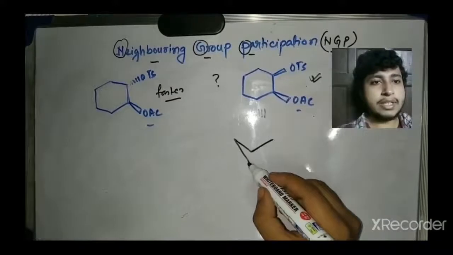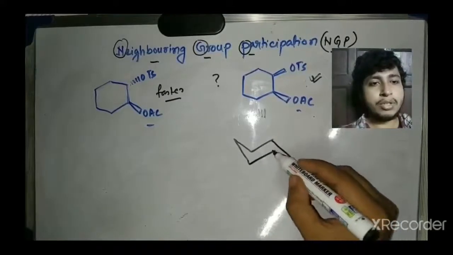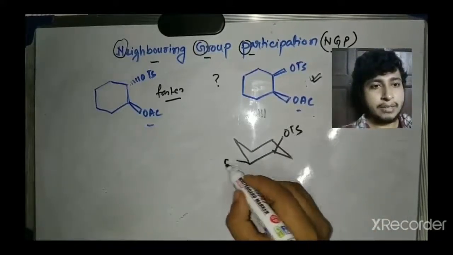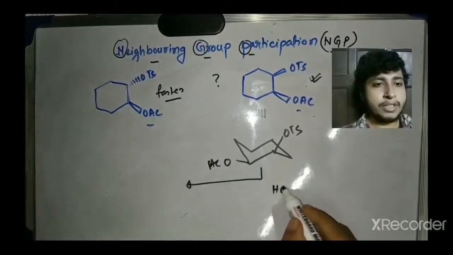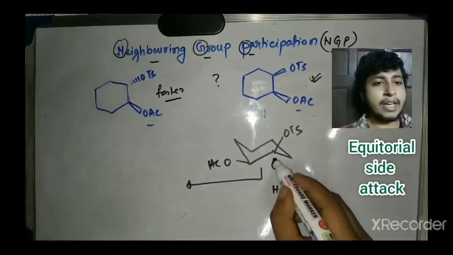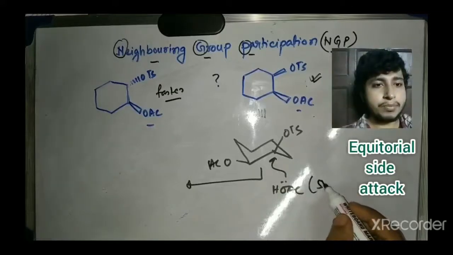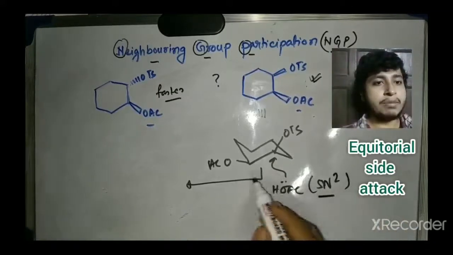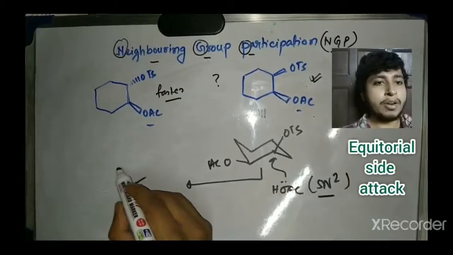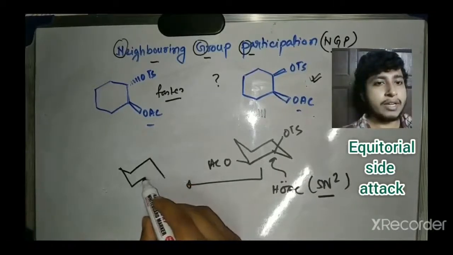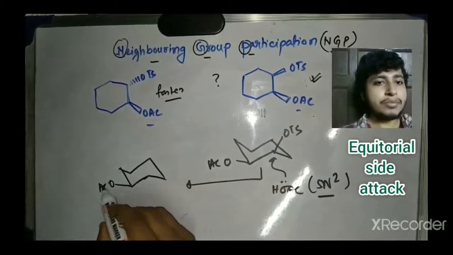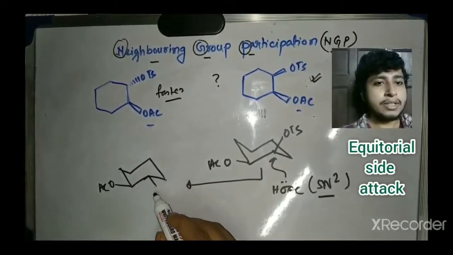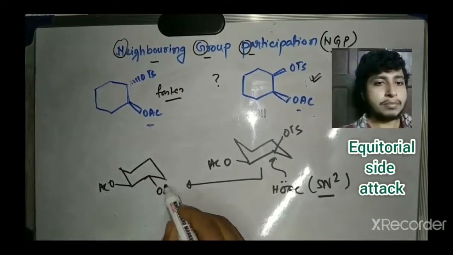Here you can see that the OTs will be axial and the OAc will be equatorial. As there is no NGP, directly this HOAc, that means the oxygen lone pair, will give its electron to the antibonding orbital of the OTs in an SN2 manner, and the OTs minus will leave, and it will form this compound.